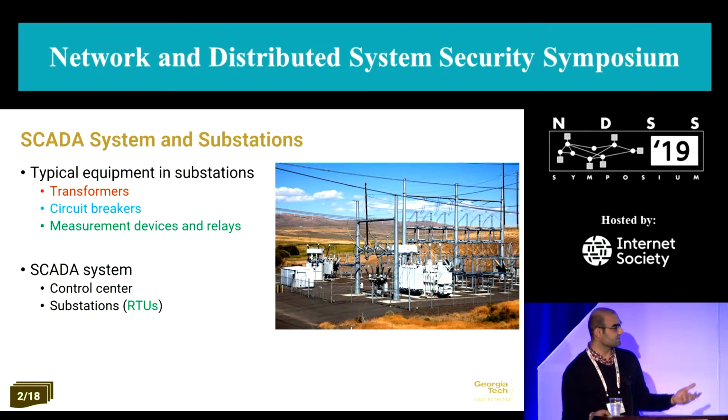So here in this slide, you can see the general layout of a power substation. It has two power transformers with the same application that I mentioned before, two circuit breakers, which are simply switches that can connect or disconnect different components like power transformers to the power lines, and a communication box which includes the measurement devices, which measure the current and voltage of the power circuits, and also protective relays, which measure the voltage and current to detect any kind of faults in the system to isolate the faulty area.